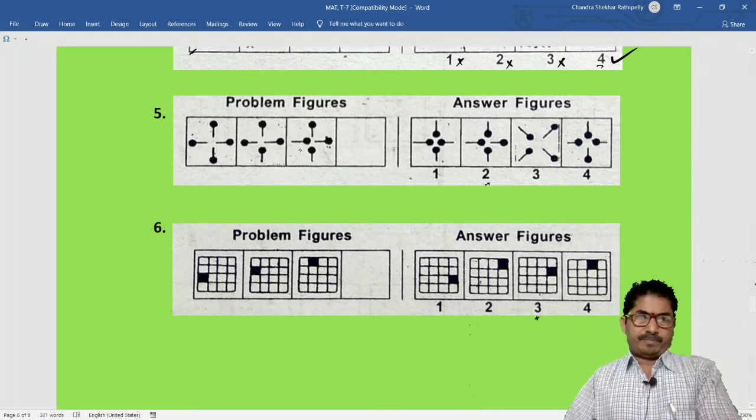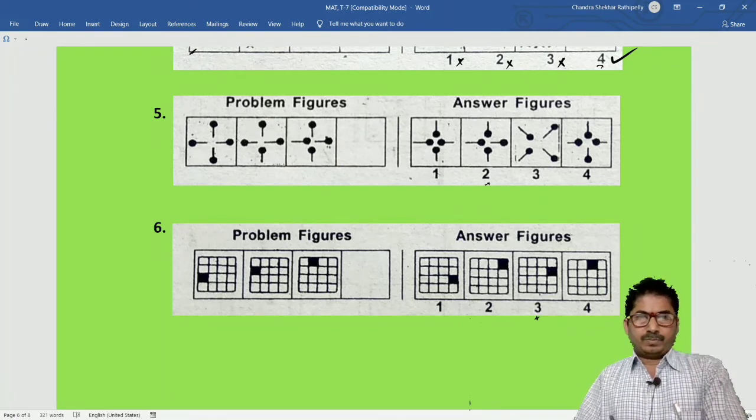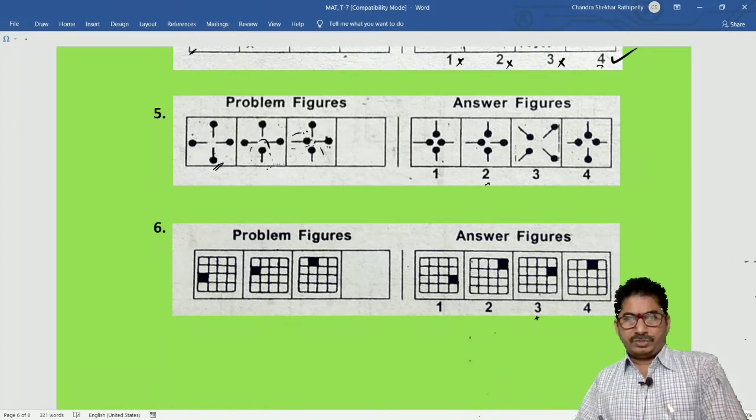Question 5. Problem figure. Matchsticks 4. Second, this matchstick changed the direction. This changes the direction. Next, in this one it is changed. This is already changed.